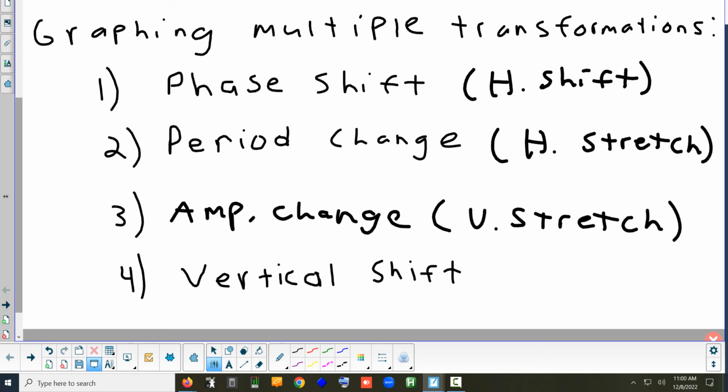So any questions on the order? Sometimes some of them have a different name. So we'll take a look at a couple examples, maybe with 2 and 3 step transformations.